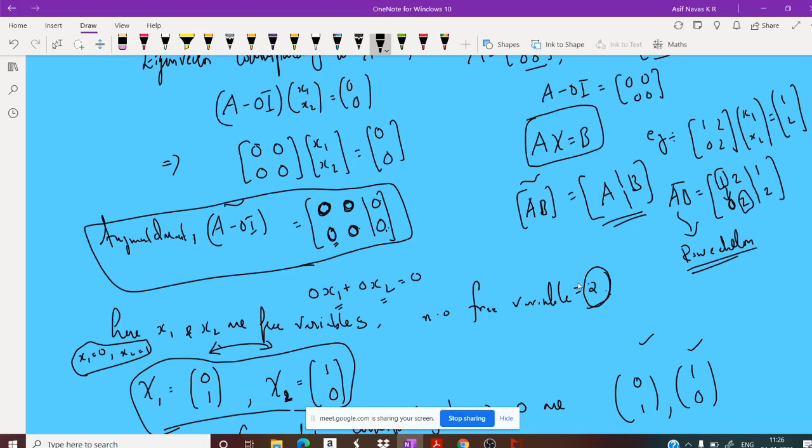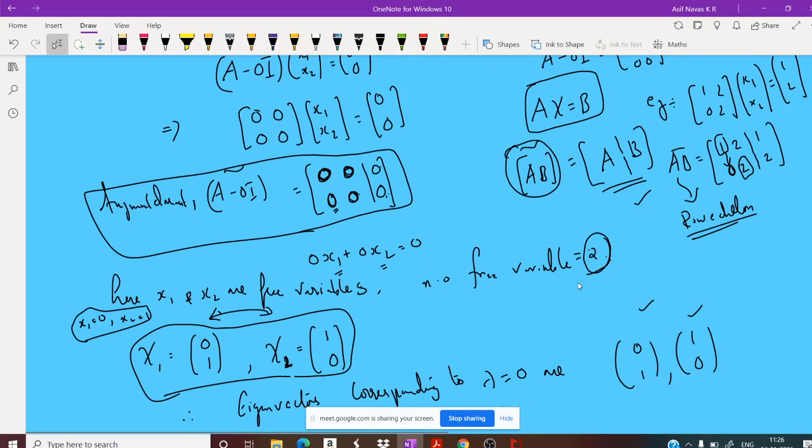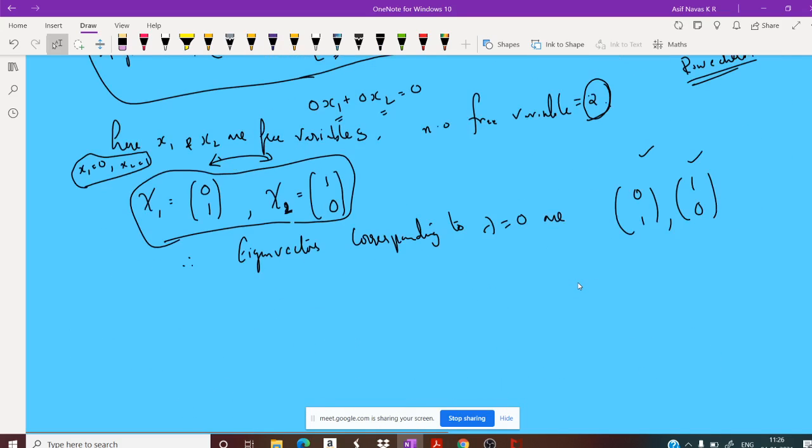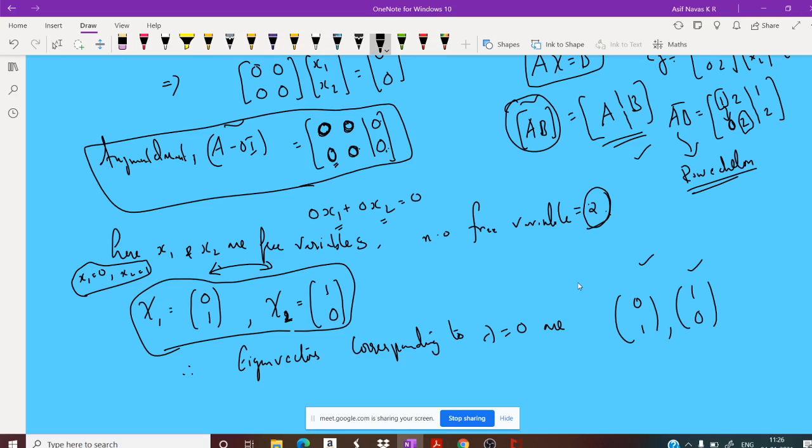You already studied how to find the pivot. So the first step is to write down the augmented matrix, and then you find the row echelon form. But here this augmented matrix is itself in row echelon form, because all elements are 0. There is no pivot.